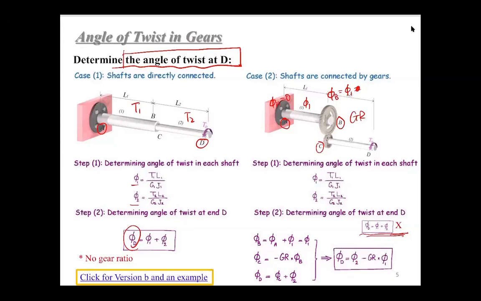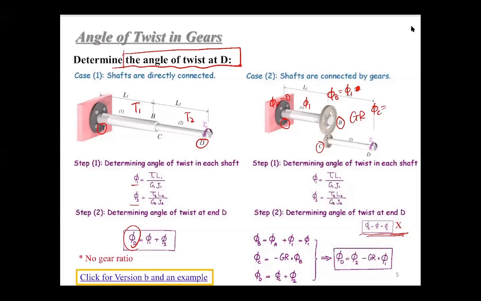Then from B to C, you will get phi C from our original equation, phi C equals negative phi B over phi BC.